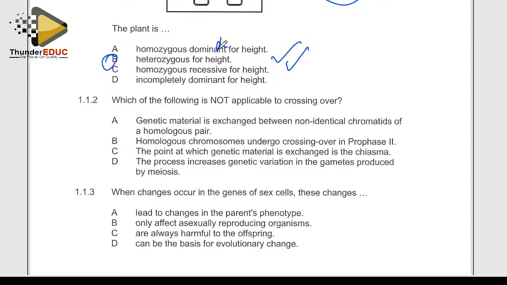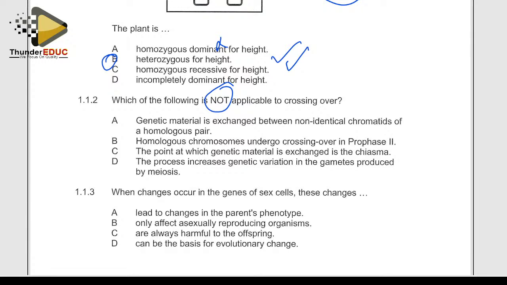Then you go to the next question, which one of the following is not applicable for crossing over. The key point is not. Genetic material is exchanged between non-identical chromatids of homologous chromosomes. Cool. Homologous chromosomes undergo crossing over.